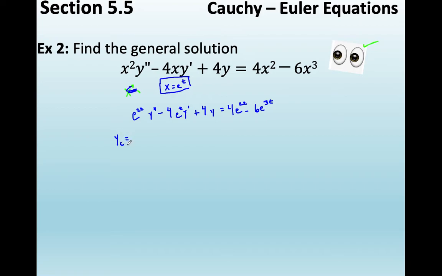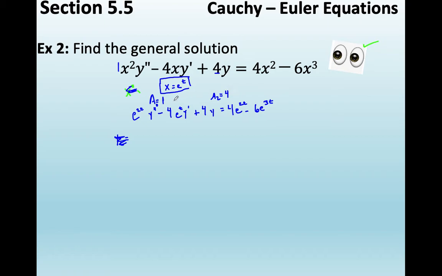And my complementary solution using my formula, I'm going to say, since I had Cauchy, A sub 0 is this coefficient here, 1. And A sub 2 is this coefficient, 4.